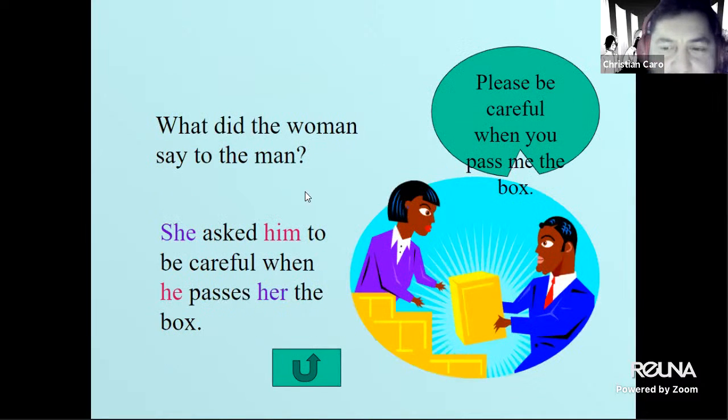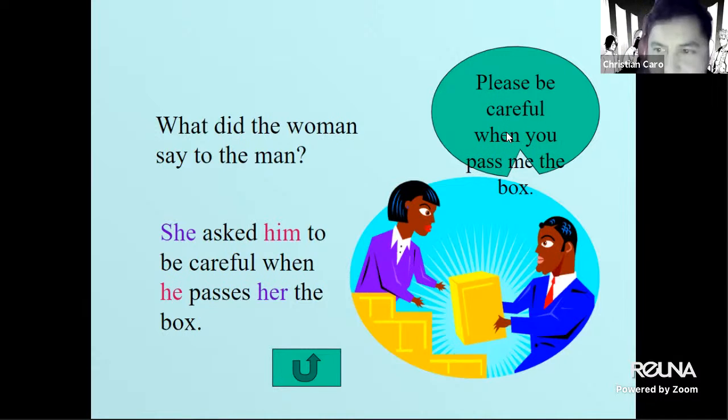Piece of cake. For example, please be careful when you pass me the box. She asked him to be careful when he passes her the box, right? Or simply, she asked him to be careful. All right. But if you want to report a whole phrase, we need to use in this case the relative pronoun when.